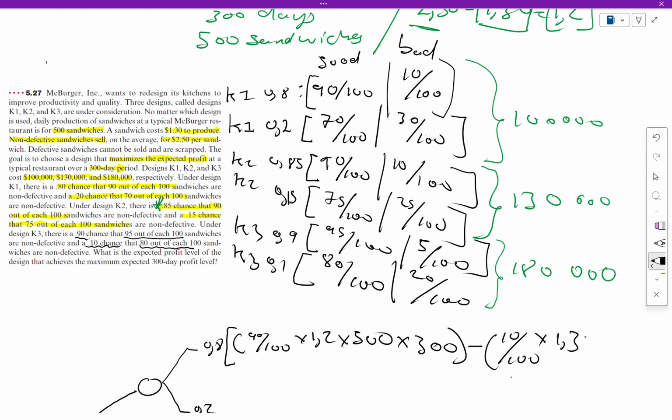This is a cost side because of the bad parts, bad goods.